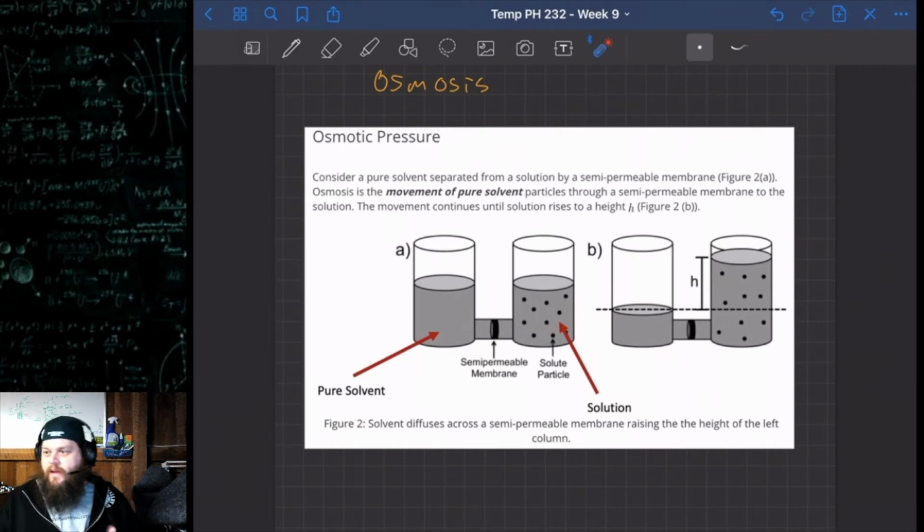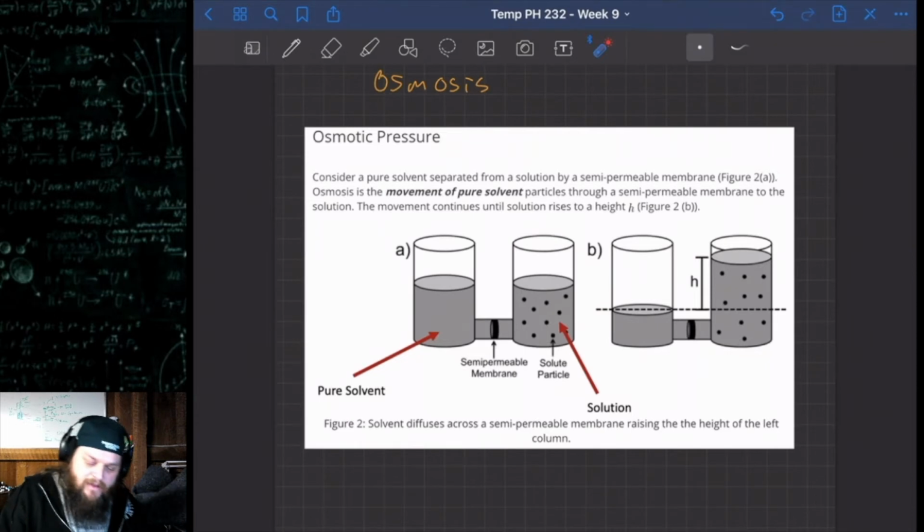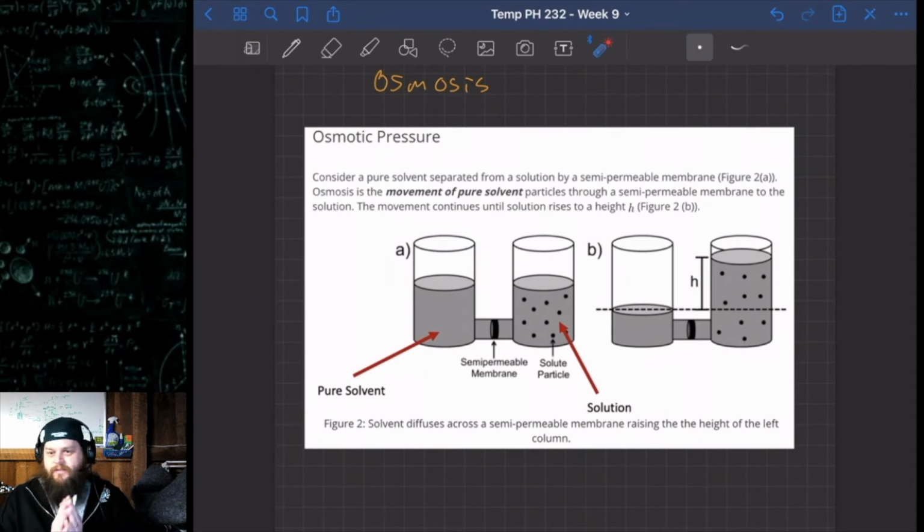That's a good way that they've used osmotic pressure. You have these separated by this small tube with a semi-permeable membrane. What that really is, is just a small membrane with tiny holes in it. The holes are small enough to keep the salt out, the larger solute particles, but it does allow the water to flow from one side to the other.